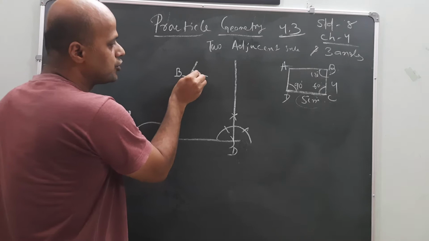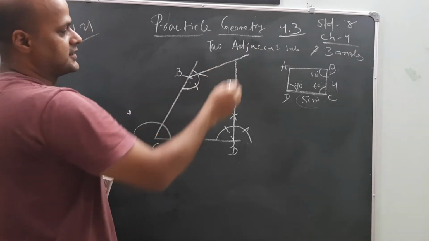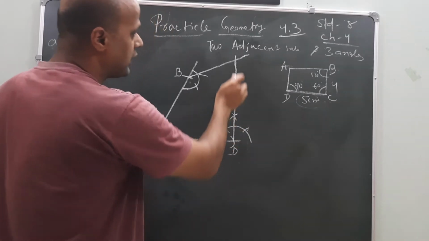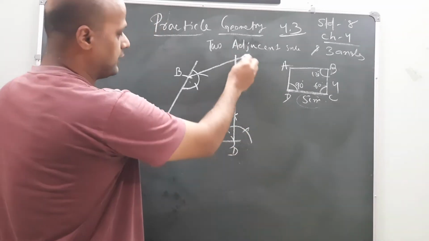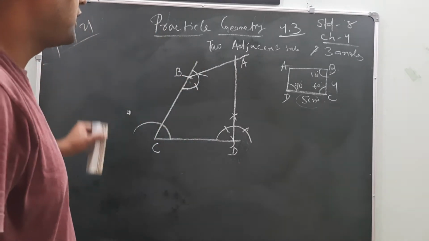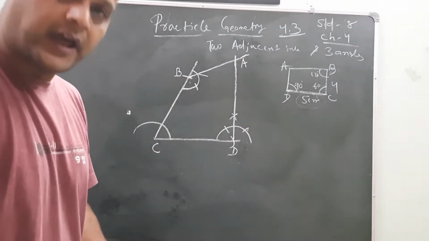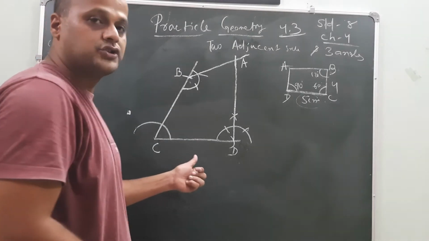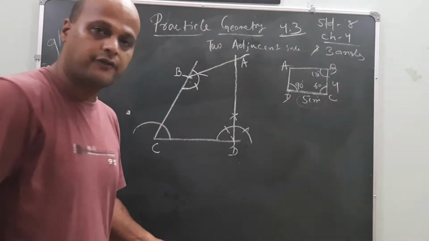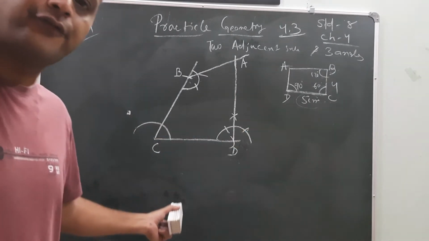Now you have to join these two points and extend it. Where it cuts the perpendicular line drawn from D, that point will be written as A. So this is our fair figure, the actual geometrical figure, drawn by comparing with the rough figure. From the rough figure we will draw the fair one.